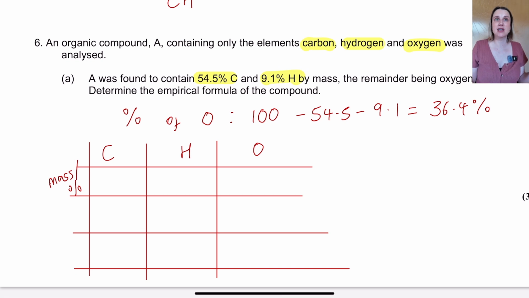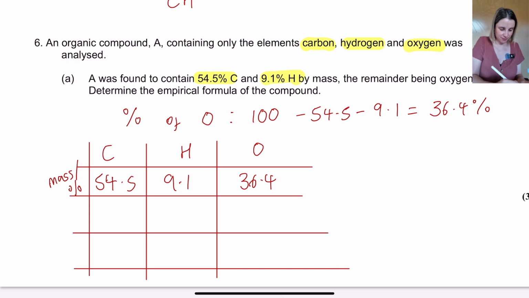Oftentimes in our equation, moles equals mass over relative molecular mass, we need a mass. But here you've only been given percentages. So the reason we can use this as a mass is I'm basically saying I'm going to assume that the compound weighs 100 grams. If the compound weighs 100 grams, then that means that 54.5 of those 100 grams are from carbon, 9.1 grams are from hydrogen, and the 36.4 grams are from oxygen. And that is all good. So you can treat the percentages as if they are masses in this case.